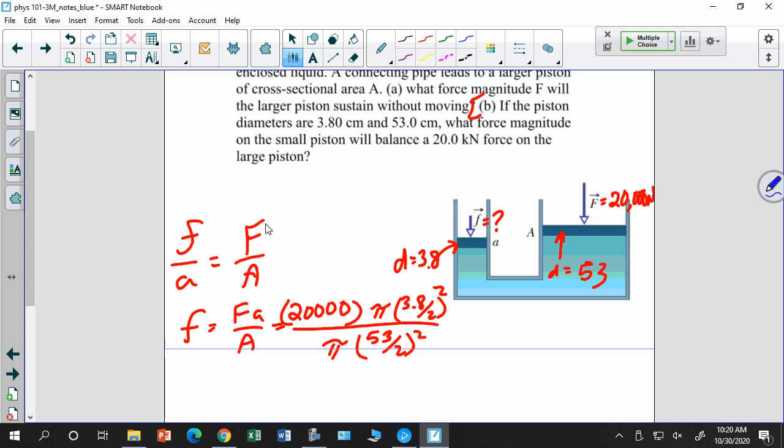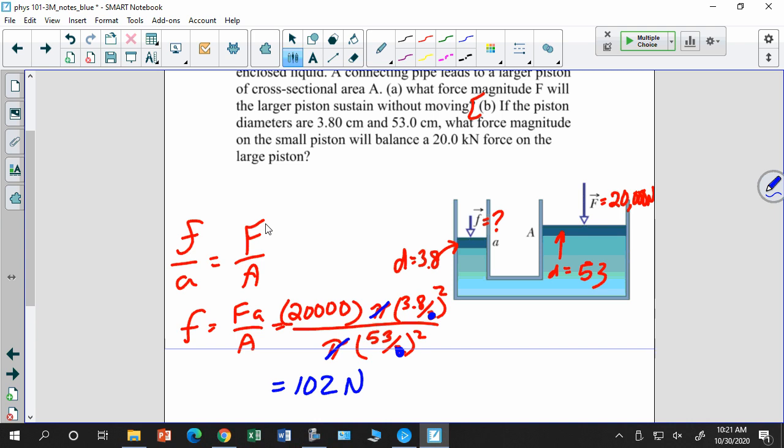I can cancel out my pi's. I can get rid of these 2's too. It turns out they're not really important because they cancel out. And then I can figure out what that little force is. I get 102 newtons. So in order to get 20,000 newtons over here, you only need about 100 newtons over here.